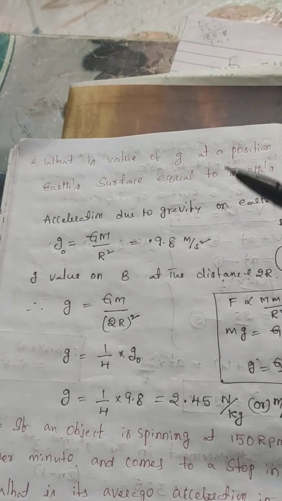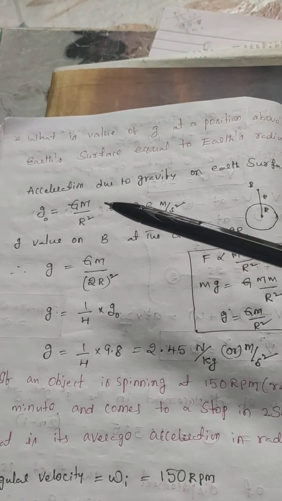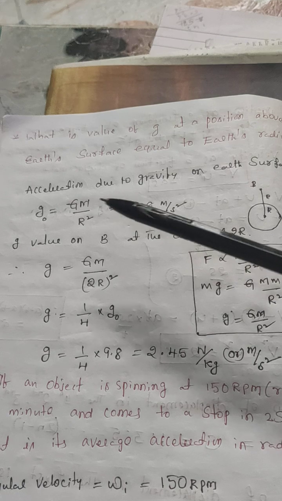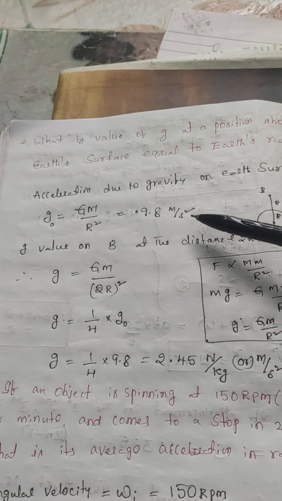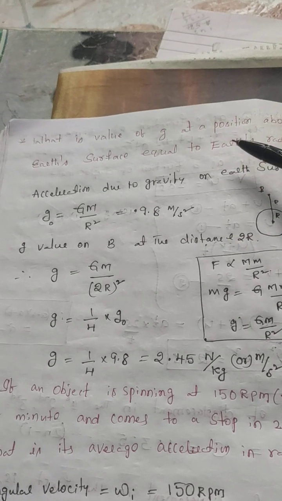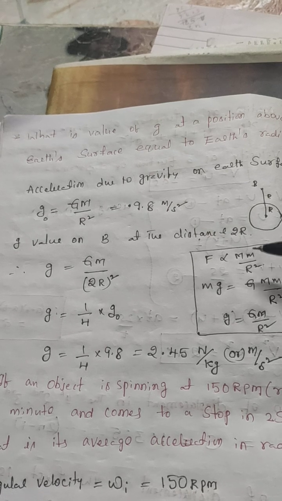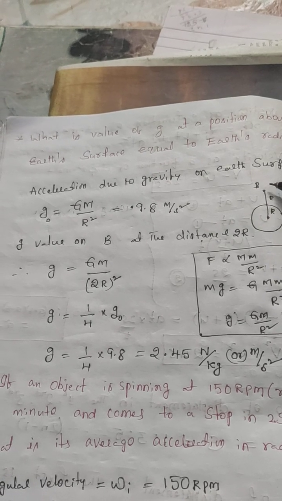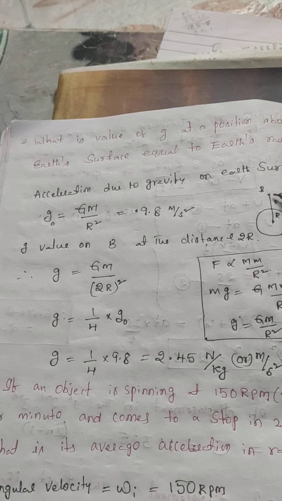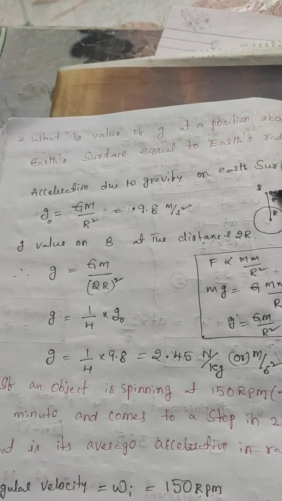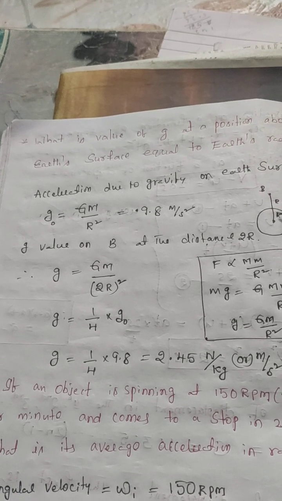Here, the acceleration due to gravity on the Earth's surface, g, is GM by R squared. This g value is 9.8 meter per second squared. But what they are asking here is the g value above the Earth's surface, at a distance R, at the point B. Now the total distance between the two masses is 2R.